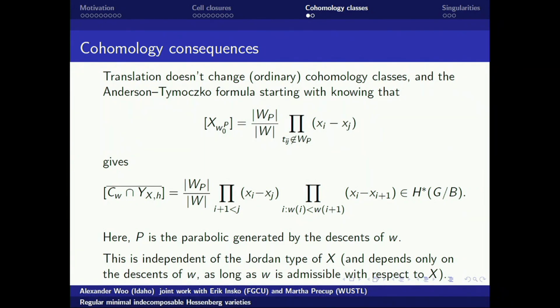But they work very nicely here. It tells you that if you have any W, you translate it to W naught, and you can just read off the descents of W. So P is now the parabolic generated by those descents.